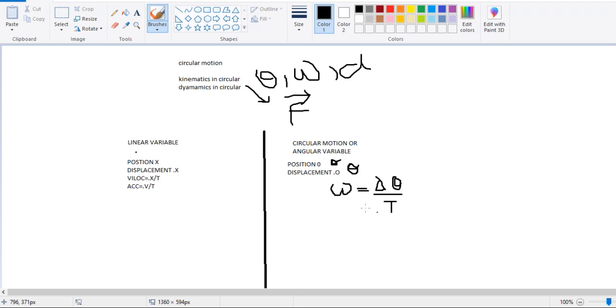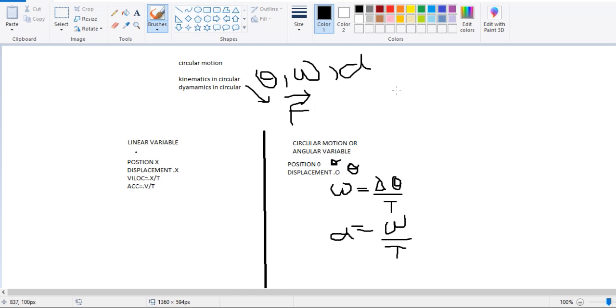This is the angular velocity. Now acceleration is represented by alpha, and alpha equals change in omega upon time. So this is the linear variables, and this is the circular variables.